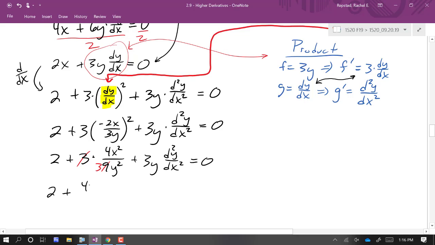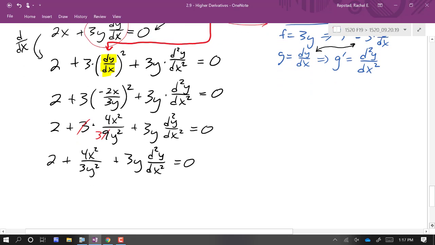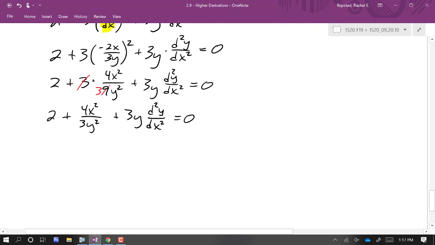So we have 4x squared over 3y squared plus 3y times the second derivative. Now I want to clear my denominators, so I'm just going to multiply through by 3y squared. Multiply both sides by 3y squared, and obviously it'll distribute on the left.